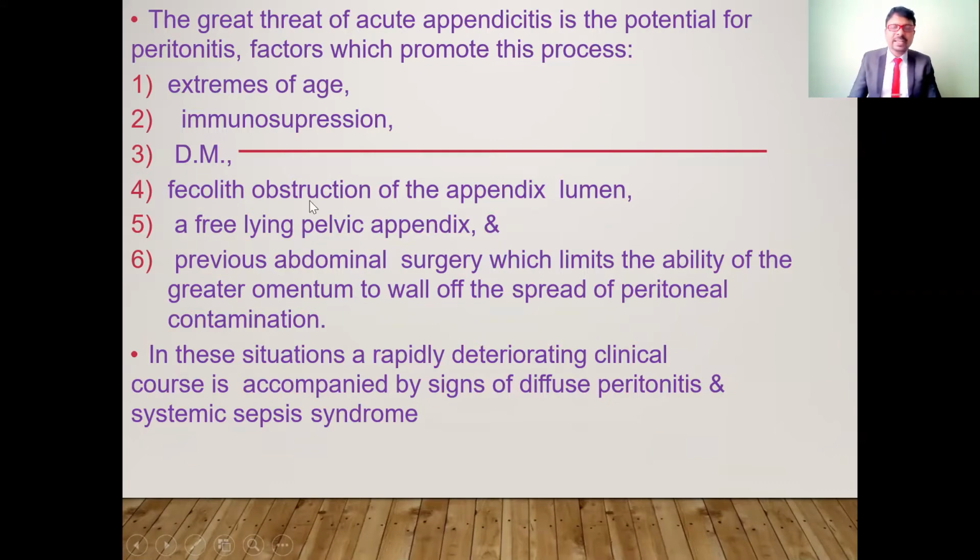If anybody has acute appendicitis along with peritonitis, they need emergency treatment. Otherwise, they may get systemic sepsis syndrome, because if the appendix bursts or is contaminated, the contamination may spread into the intestines and abdomen.